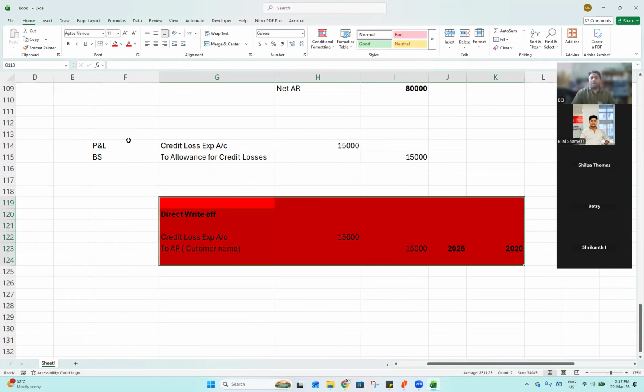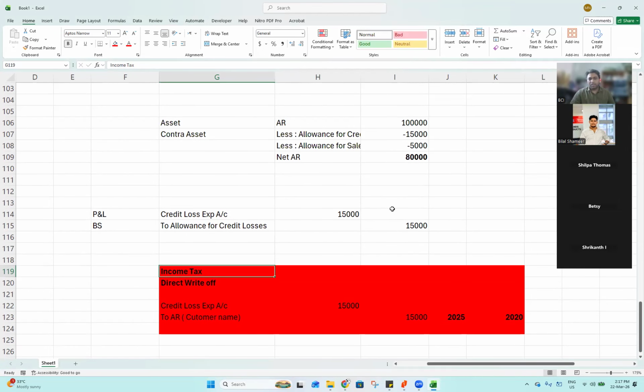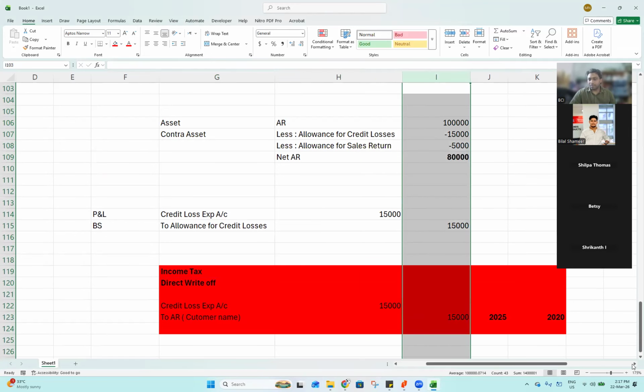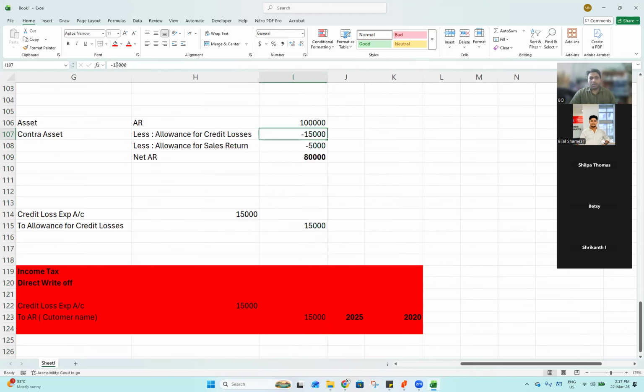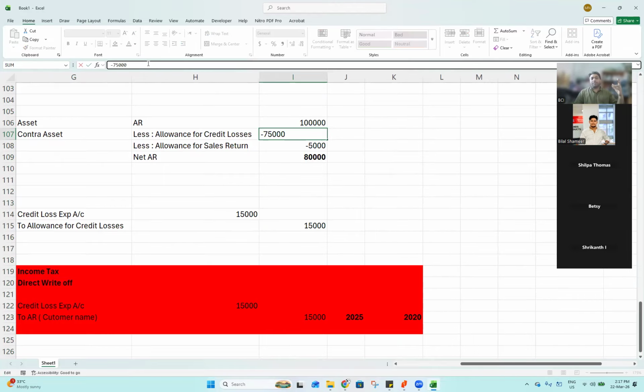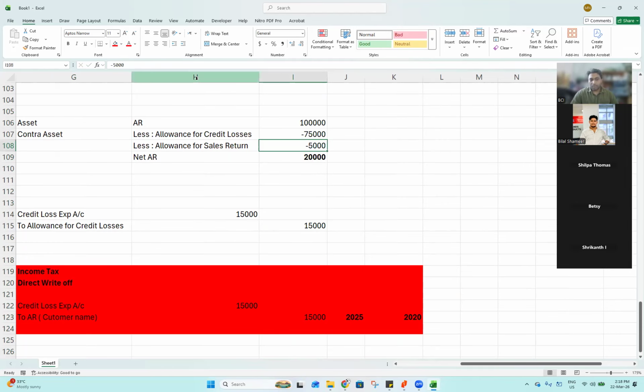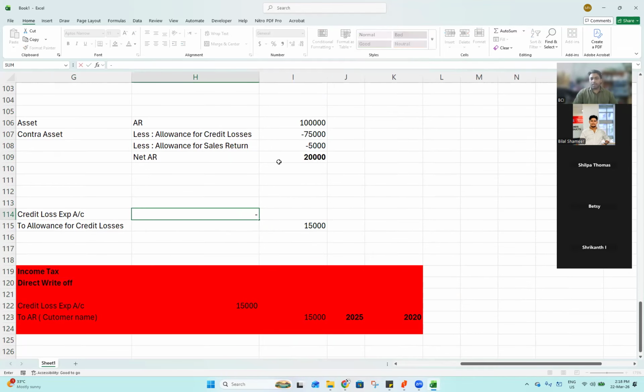GAAP doesn't allow this, but one party will allow it. Who is that? Income tax. Why? Because they don't allow the provisions. Why? Because the provisions I can manipulate. So allowance for credit losses, who decides the 15,000? Management. If I decide that my loss is not 15,000, that 75,000 is what I am expecting as credit loss, then 75,000 will go here, right?